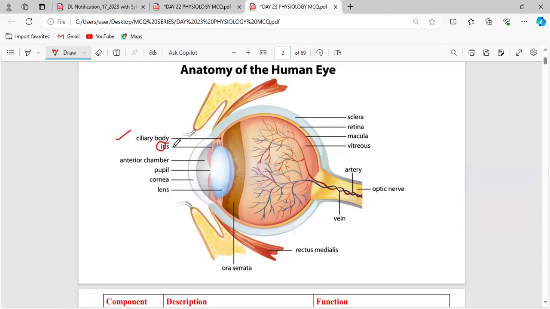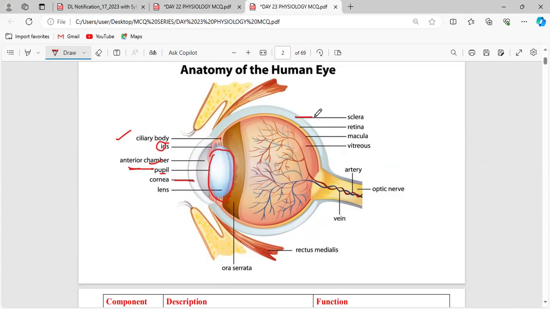The iris is connected to the lens, and this is the anterior chamber in front of the lens, and this is the pupil, the centerpiece of the lens. And what is the cornea? The cornea is the structure present in front of the anterior chamber. And this is the lens, through which we can see the world.